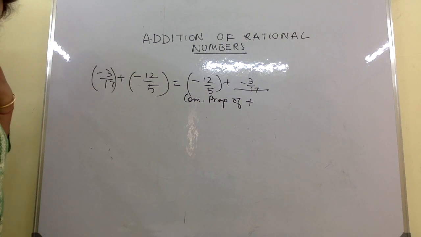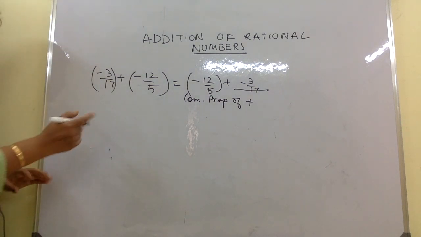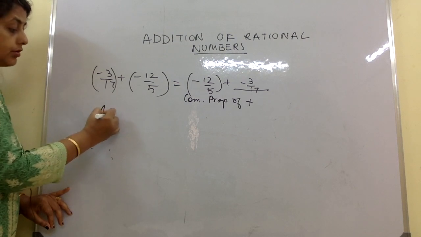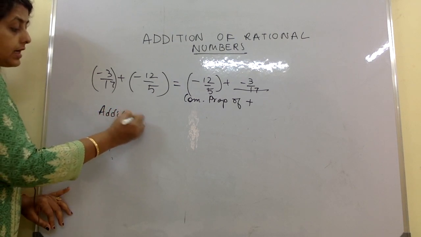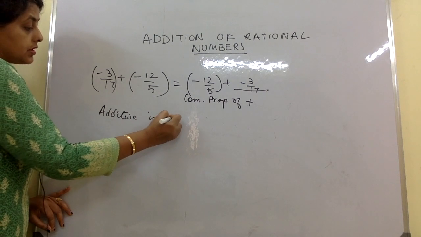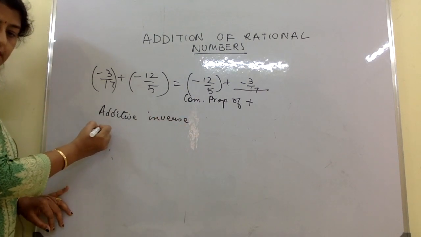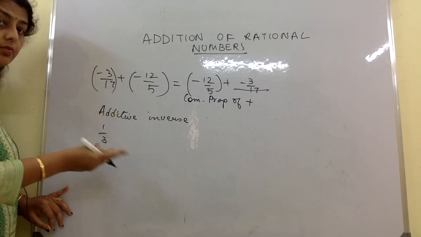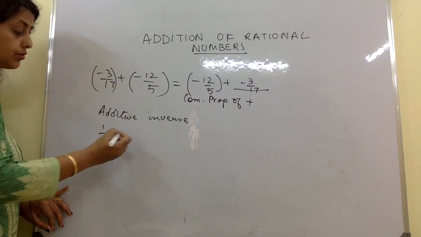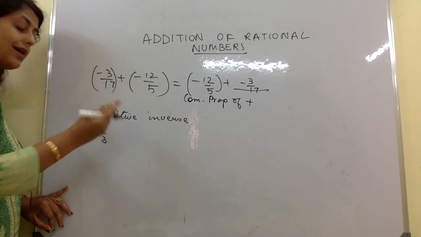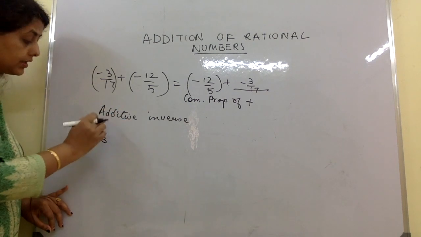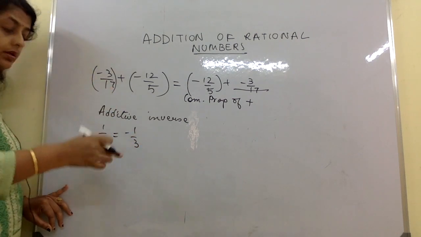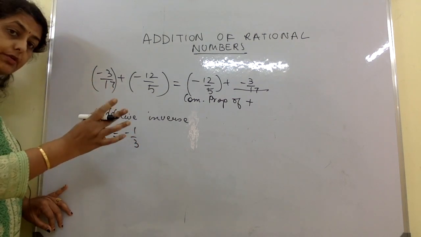Now find the additive inverse of each of the following. You have to find the additive inverse of each of the following. 1 by 3. You have to look for that number which when added with this makes a 0. Now what I have seen people doing is, for additive inverse, they'll write 1 by 3, they'll put this. Now tell me something. Is 1 by 3 equal to minus 1 by 3?